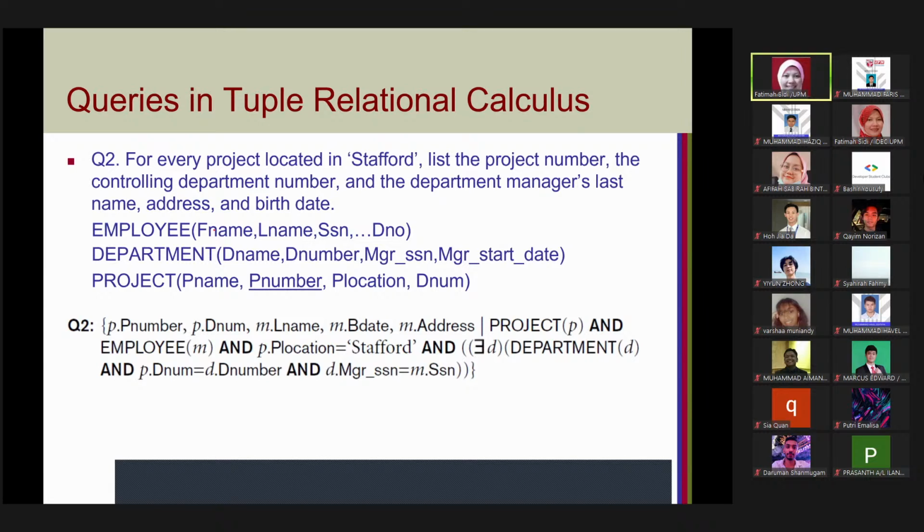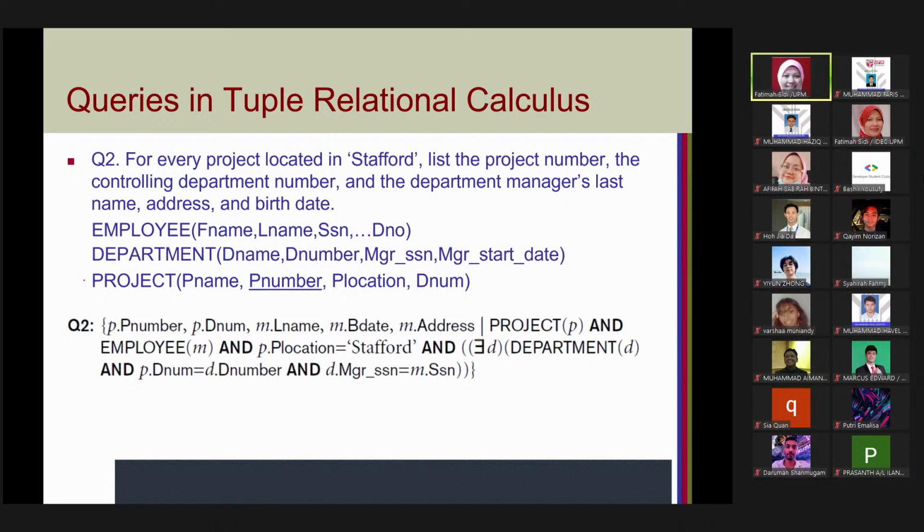We could not just use employee and project, because employee does not have the project number, but we have department number in both department and project.